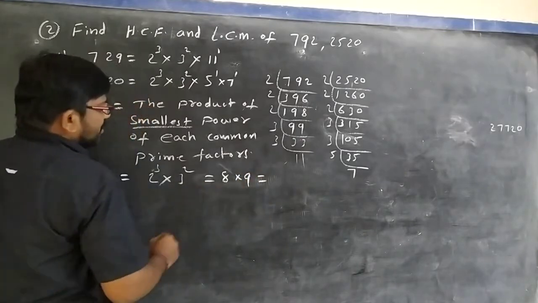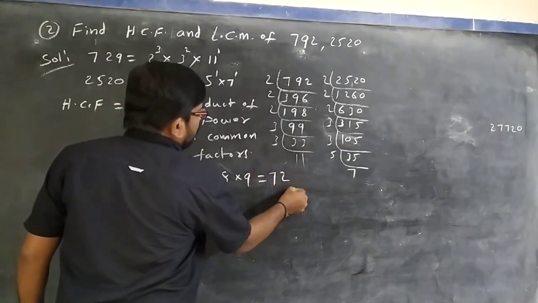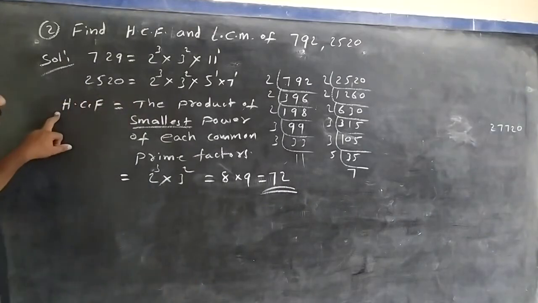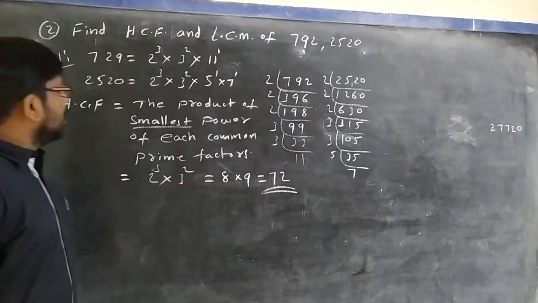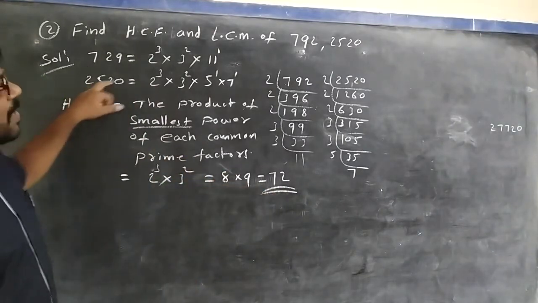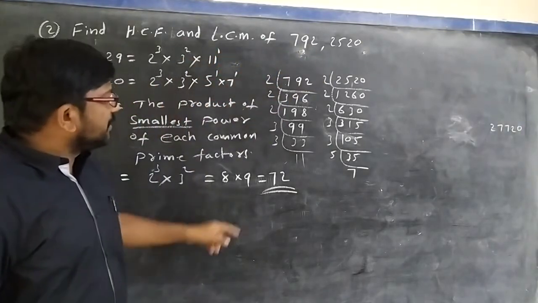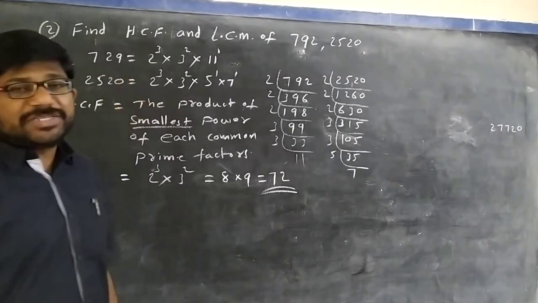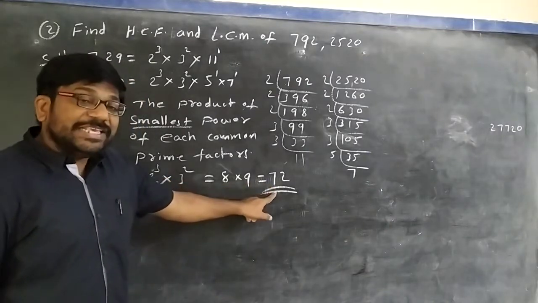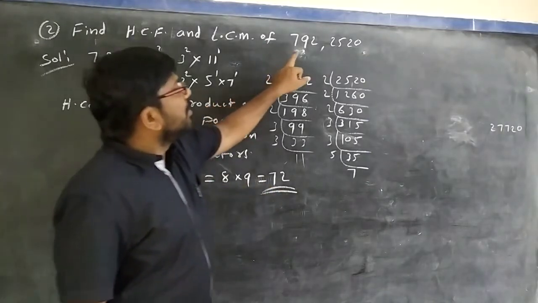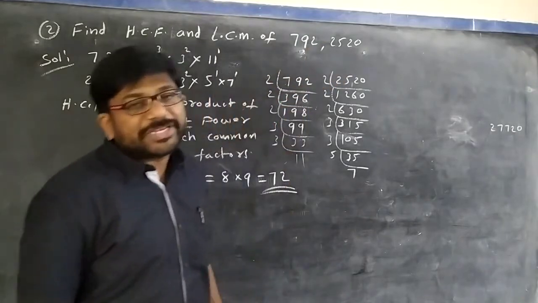That is 8 times 9, which is 72. So 72 is the HCF. HCF of 792 and 2520 is 72, the highest common factor of these two numbers.